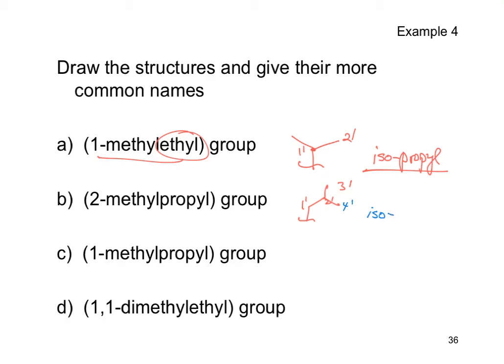Iso means Y, so isobutyl. Likewise, if you go for the 1-methylpropyl, that means at the point of attachment, go for the 3 carbon atoms. The first position is a methyl, and so that becomes a sec-butyl. And the 1,1-dimethyl ethyl is going to be your T-butyl.